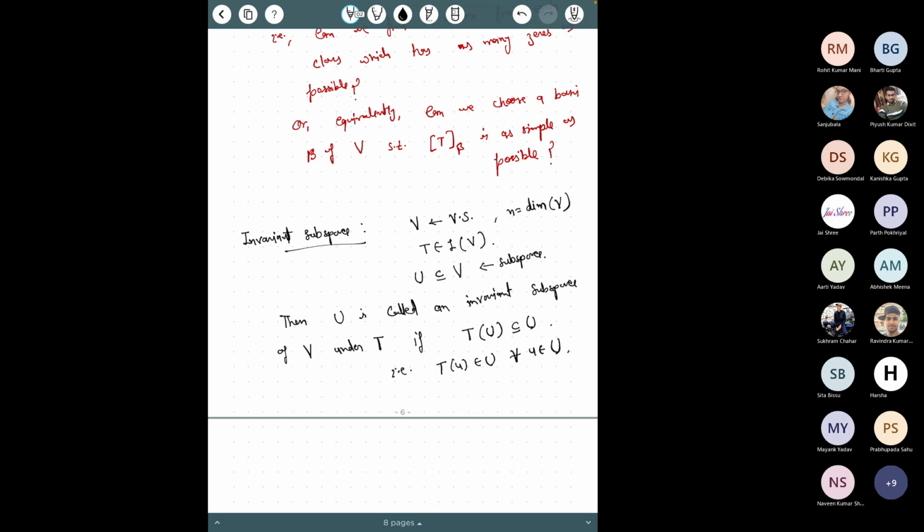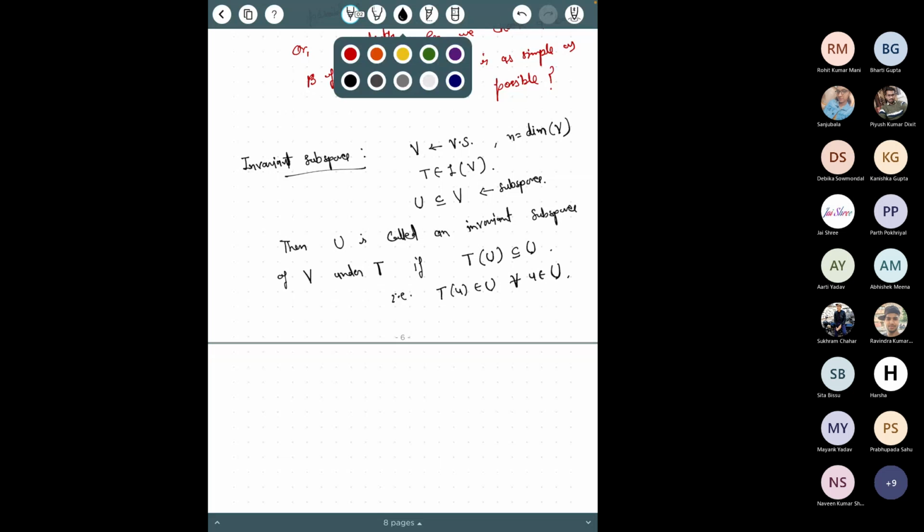So this U is called an invariant subspace under T. That means if you take the image of U under T, it belongs to U itself, then it is called invariant.